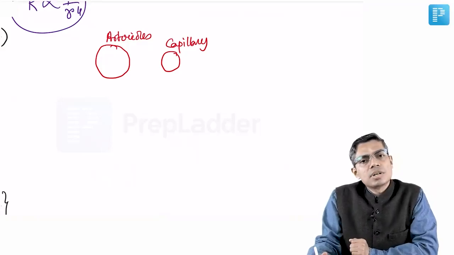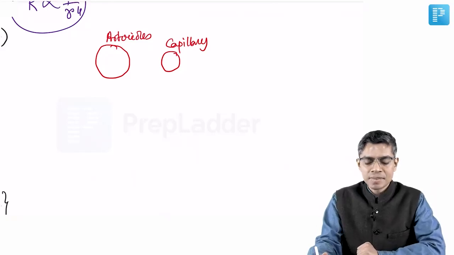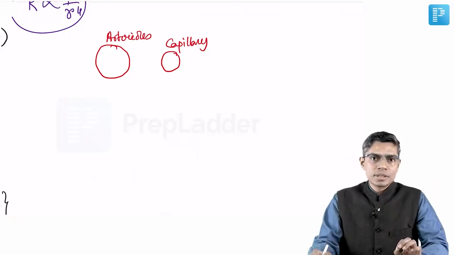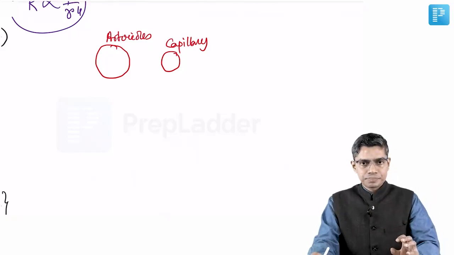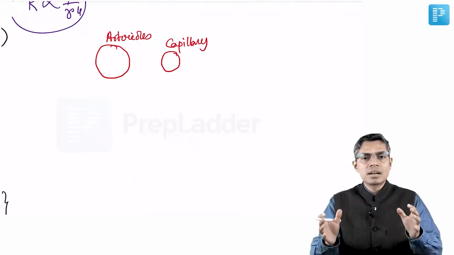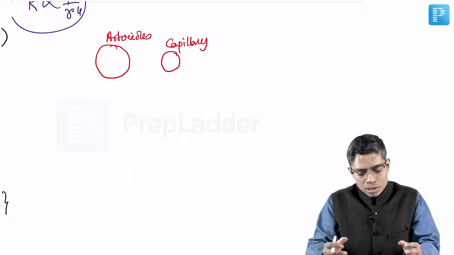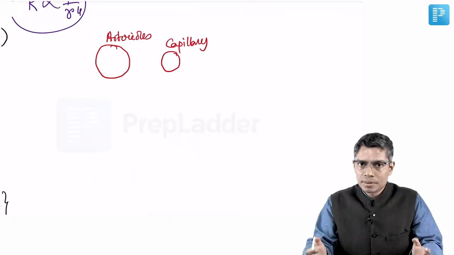So why are arterioles known as resistance vessels? Why is resistance maximum at the level of arterioles, right? Whenever we are talking about resistance of capillaries or resistance of arterioles, we are calculating the resistance of all the capillaries in our body, all the arterioles in our body, right?